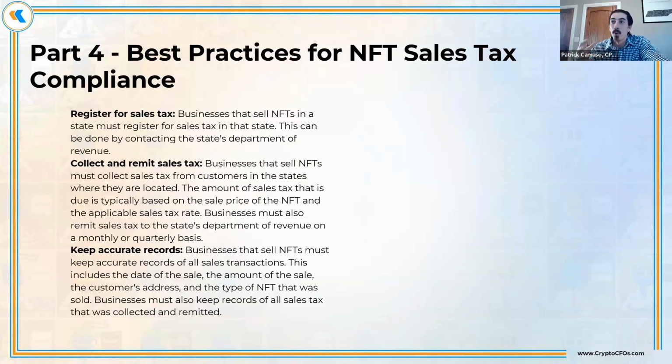And in order to do that, like I said, you're going to have to keep accurate records. You're going to have to collect all of the information, including the date of sale, the amount of sale, the customer's address, the seller's address, and the type of NFT that was sold. All of this information is going to have to be collected, and a lot of it is going to have to be remitted when you're filing your tax forms.